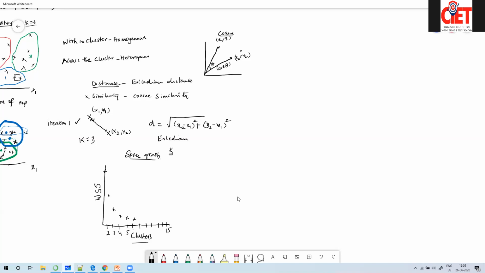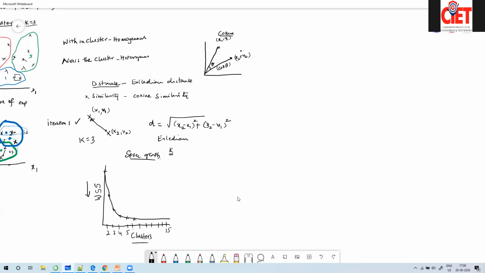When clusters is 1, your within sum of squares value is high. At 2, it decreases. 3, it decreases. 4, it decreases. 5, it decreases, and so on. If you see here, when the cluster numbers increase from, let's say, 2 to 4, your within sum of squares is drastically decreasing.